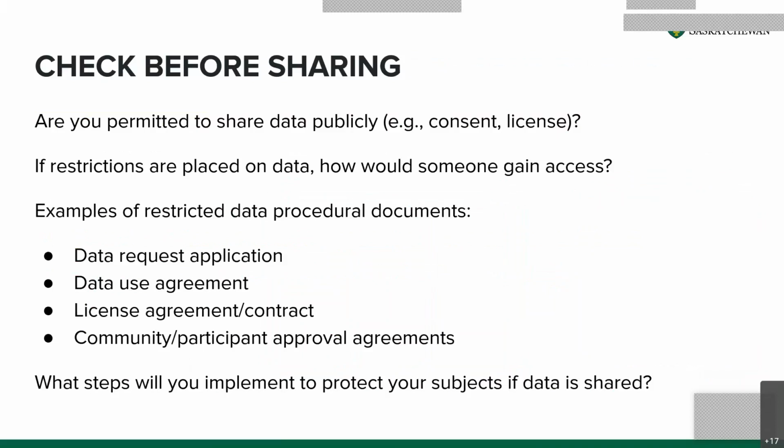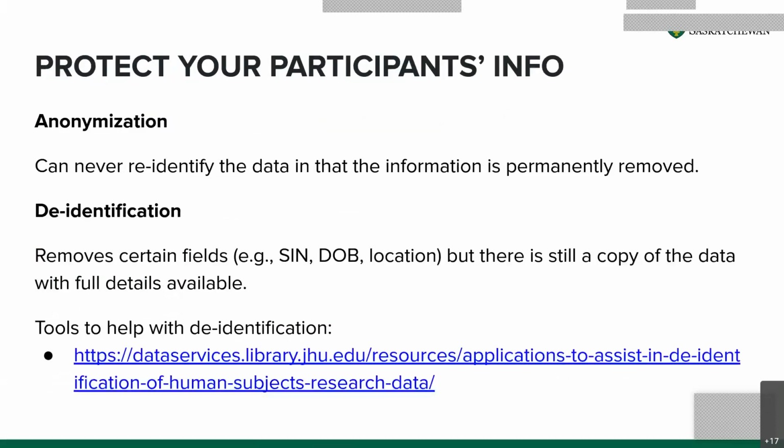Some examples are that there are often applications created for people to request data. Sometimes communities or participants need to approve the actual sharing of data before it can happen. But you want to think about this at the outset: if my data is restricted, how do I let people know that they can still get access to it, but they're going to have to follow some parameters to do so?